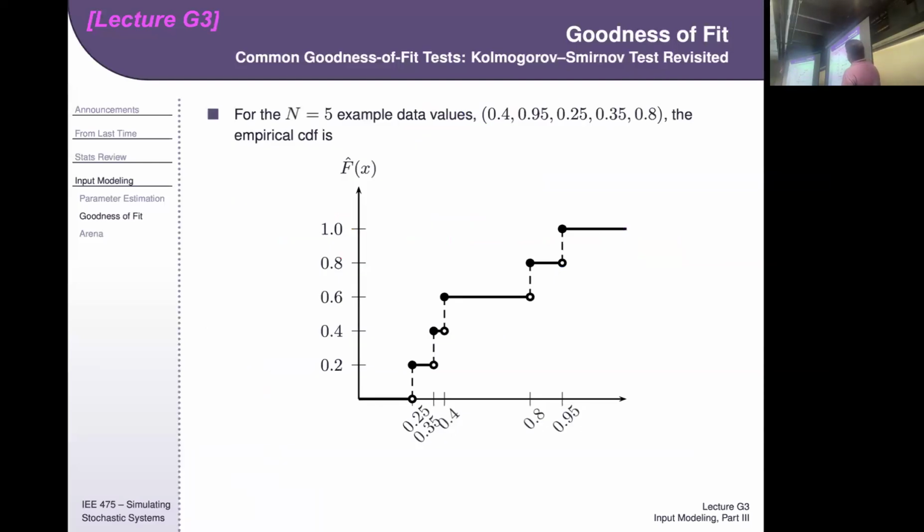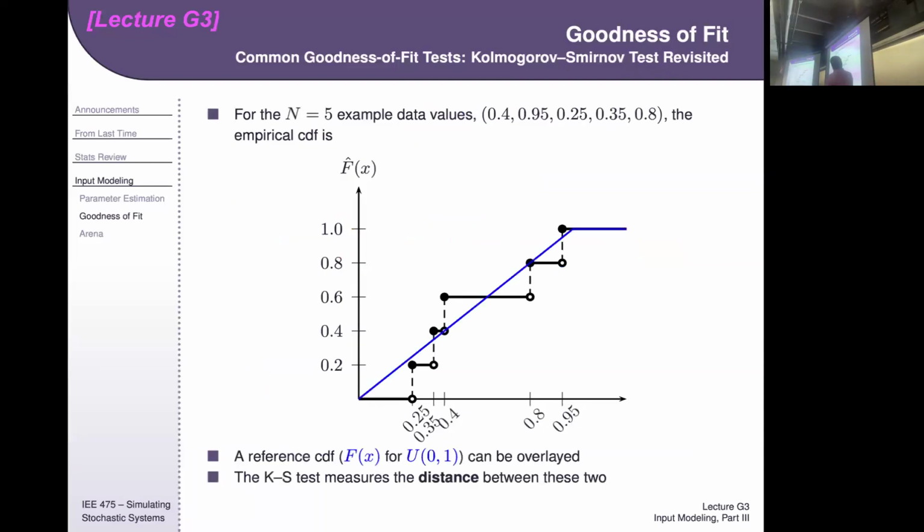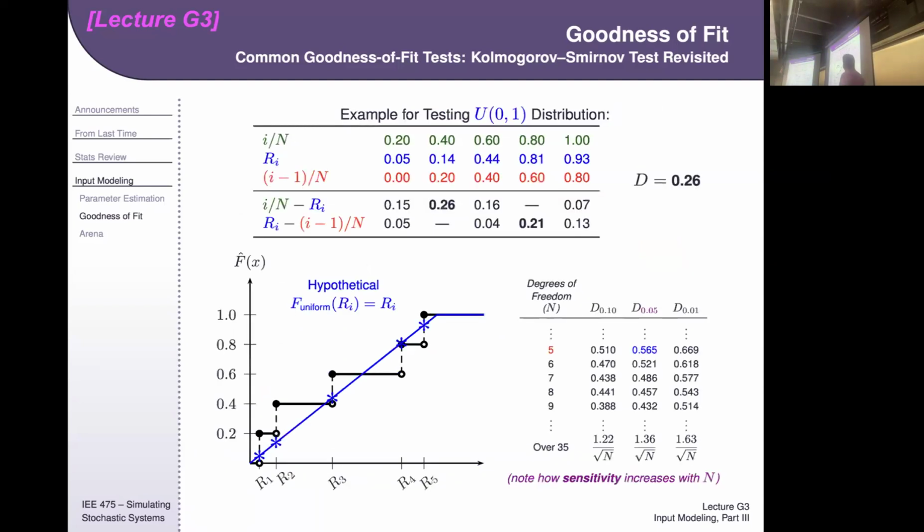So how does it work? We saw this before the midterm. If this is my sample CDF and this is my approximate CDF for a uniform distribution, the KS test basically measures the difference between where the data actually fell and where they should fall if they were going along this distribution.